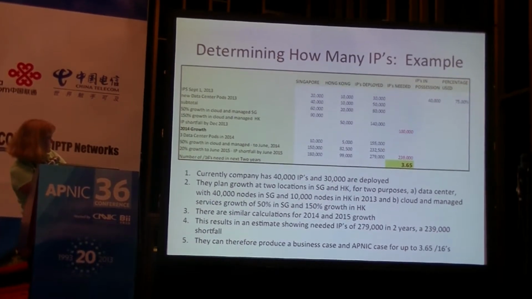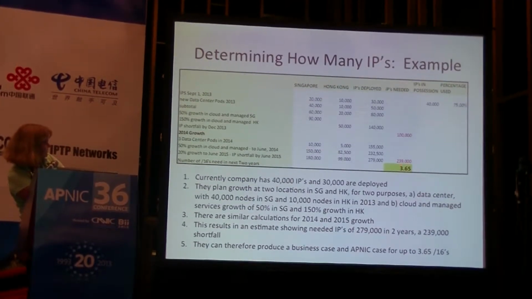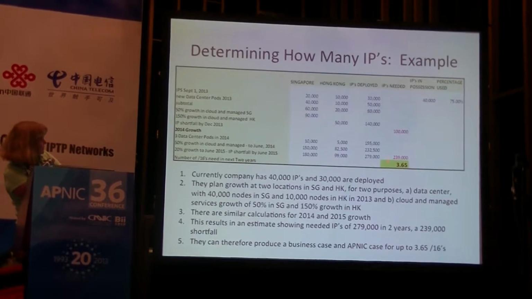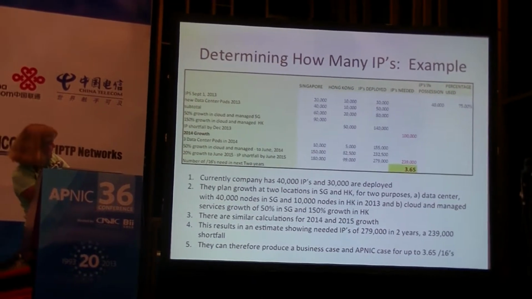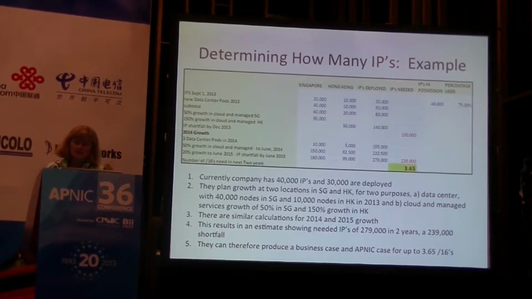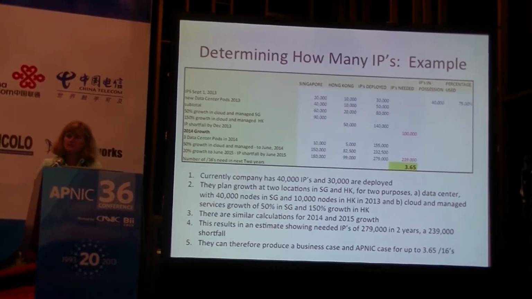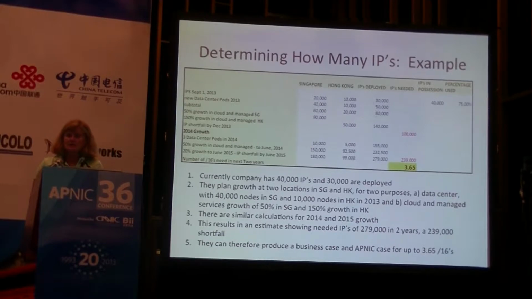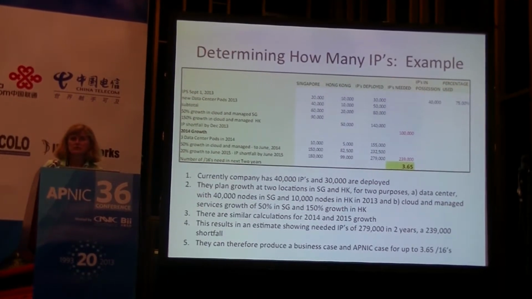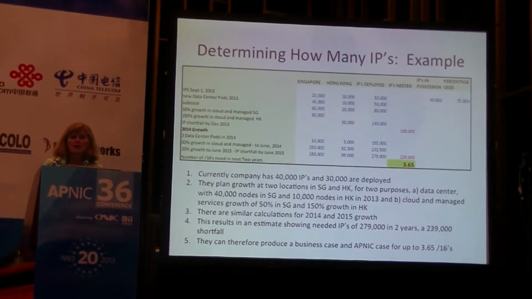So I do the same thing in the next 2 years, and I arrive at an overall shortfall by June of 2015 of 3.65 /16s. So what they could do hypothetically is take this as their business case to APNIC, and they say, okay, I need up to 3.65 /16s over the next roughly 2 years.